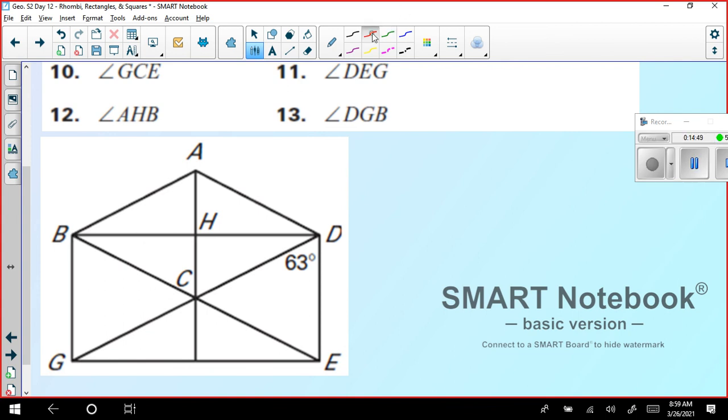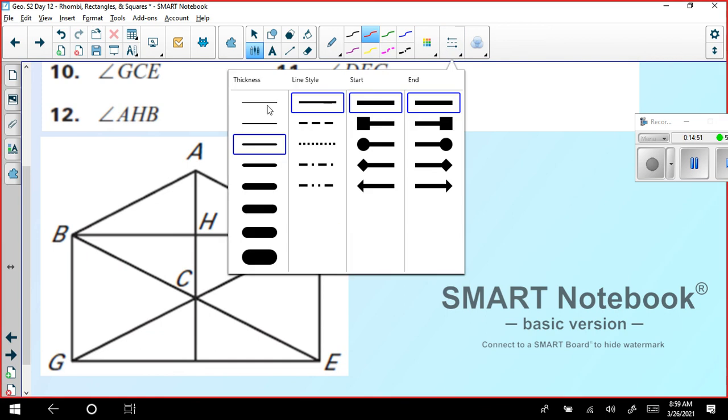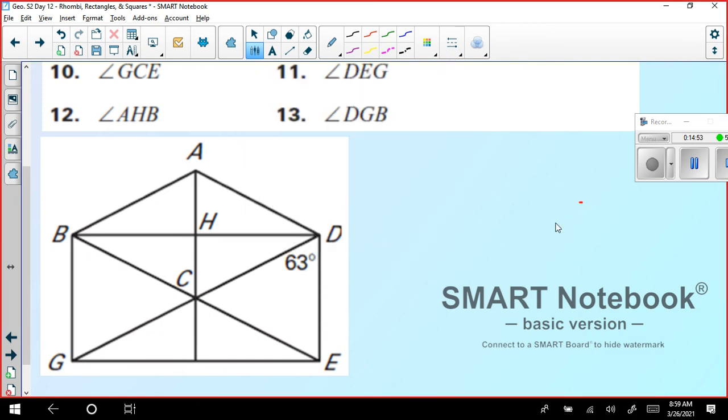If it's a rectangle, it is equiangular, so this angle HDC is going to be 90 minus 63, which gives me 27 degrees.